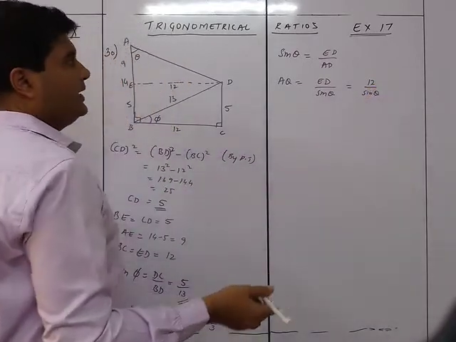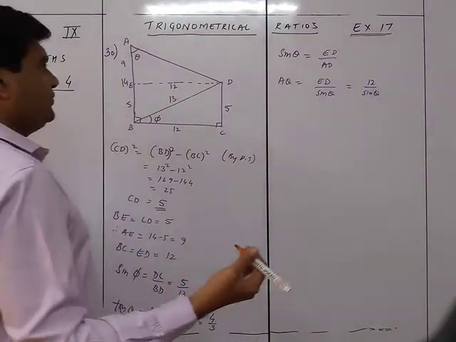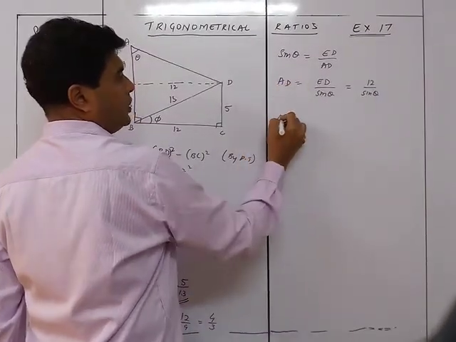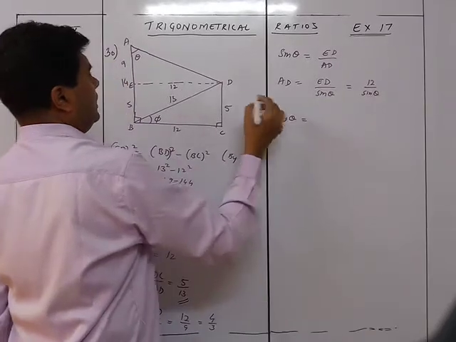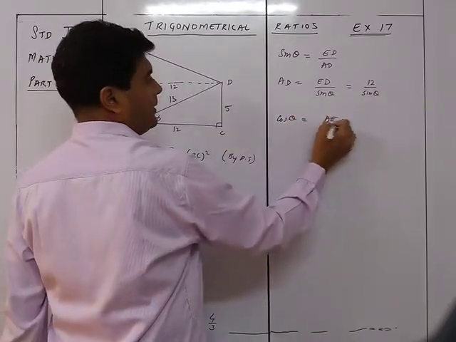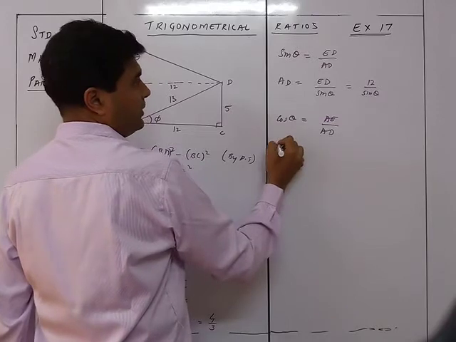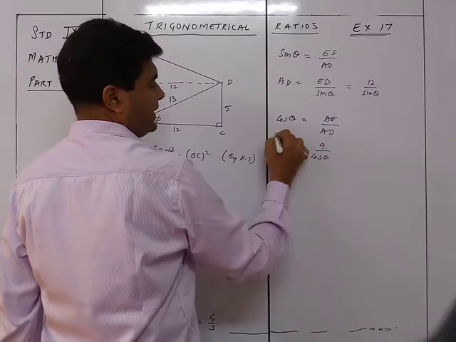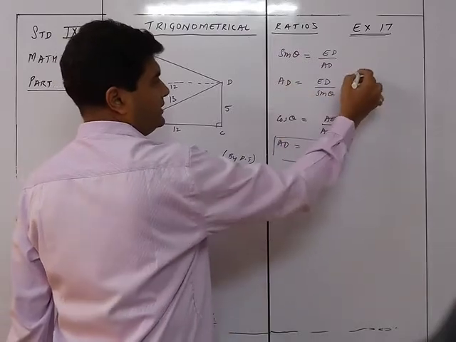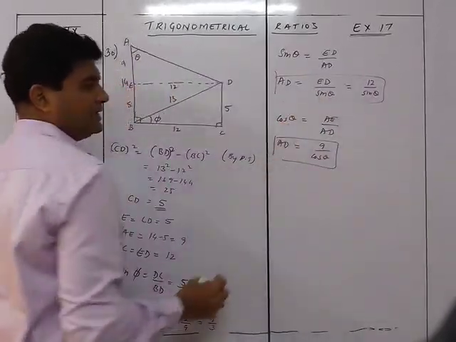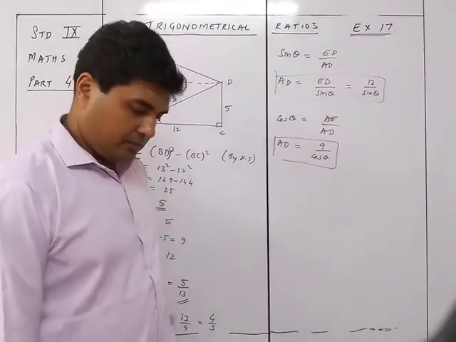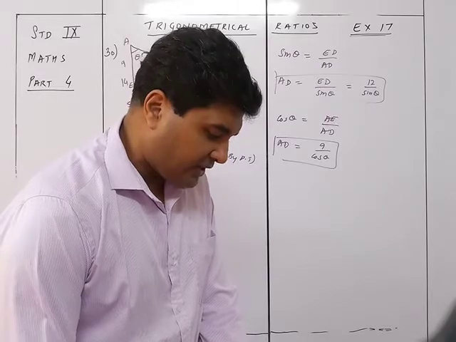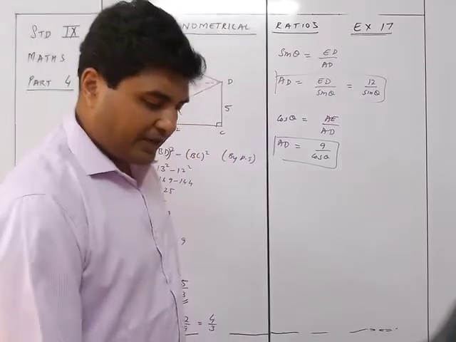We can also write it in the form of cos theta if you want. Cos theta is equal to AE upon AD. So therefore AD is equal to 9 upon cos theta. So I can write it in this form also or in this form also. That is the answer, we need to express AD in terms of theta. So AD in terms of theta is 12 upon sin theta or 9 upon cos theta.